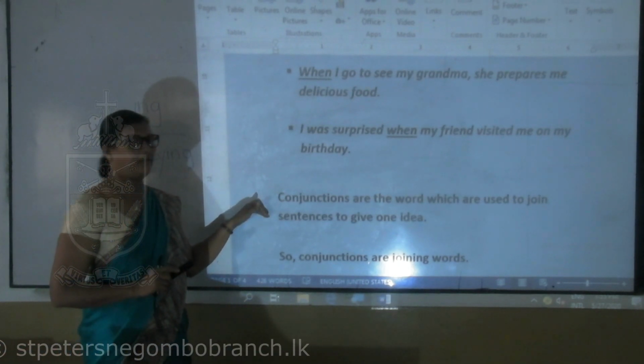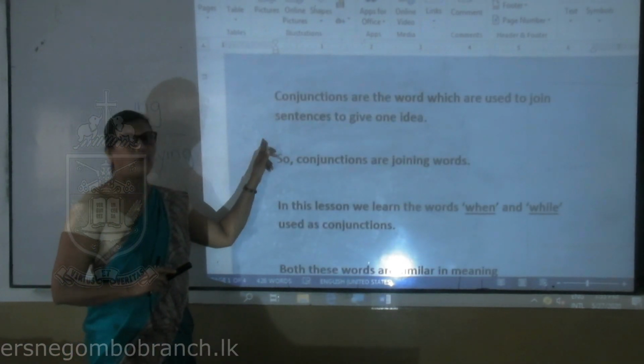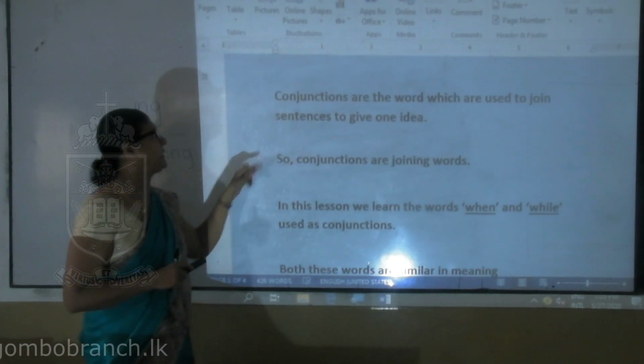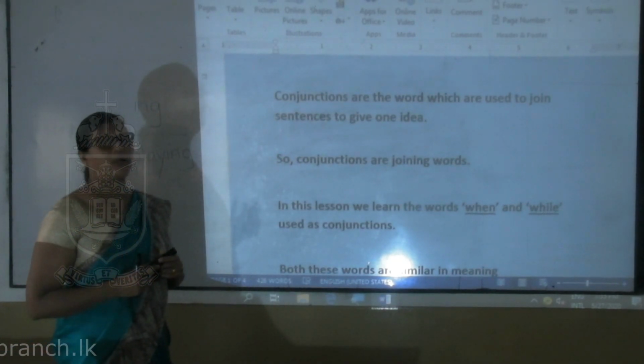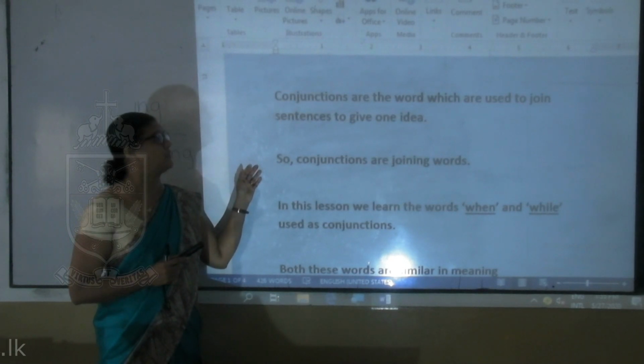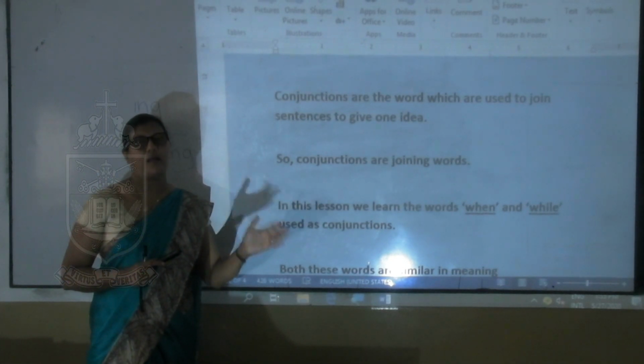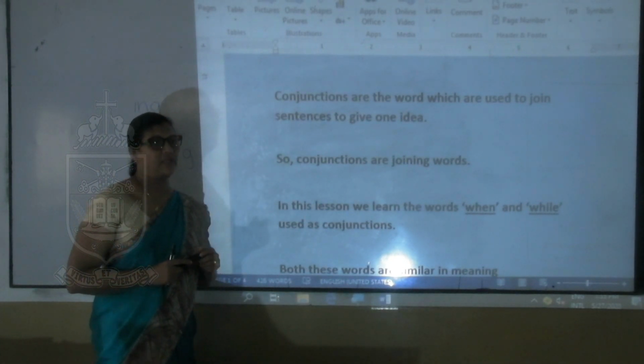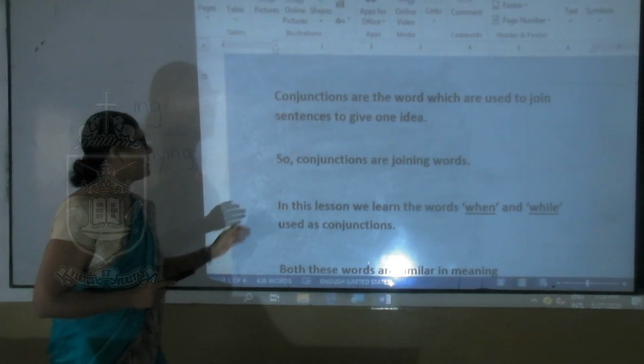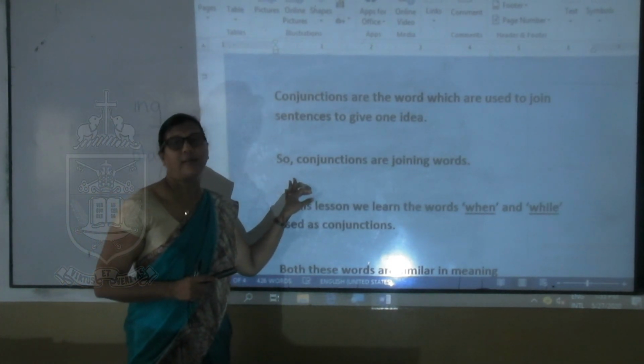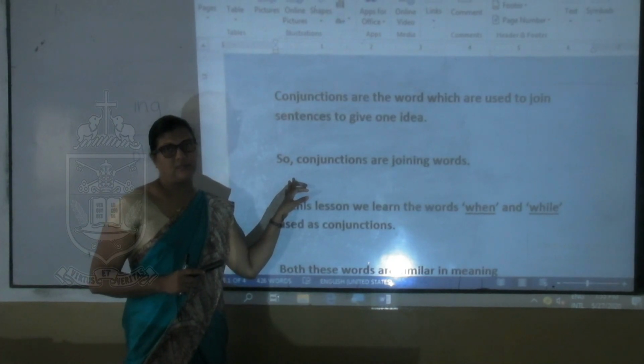Right. Here, let's recall our memory on conjunctions again. Conjunctions are the words which are used to join sentences to give one idea in a meaningful way. So conjunctions are joining words.